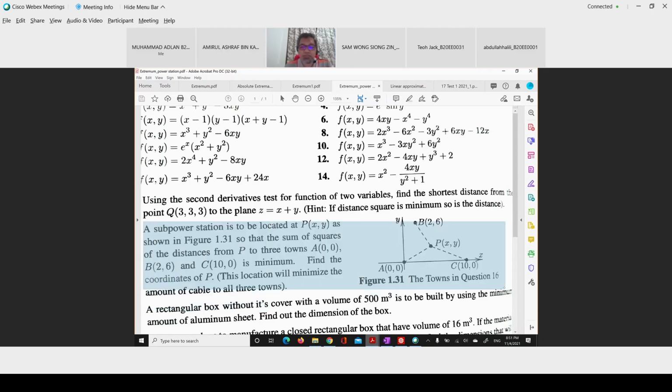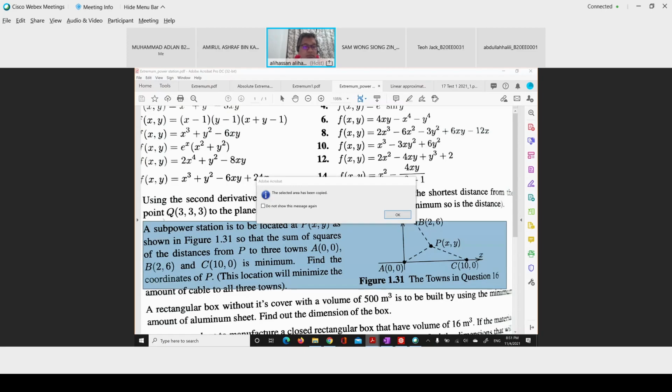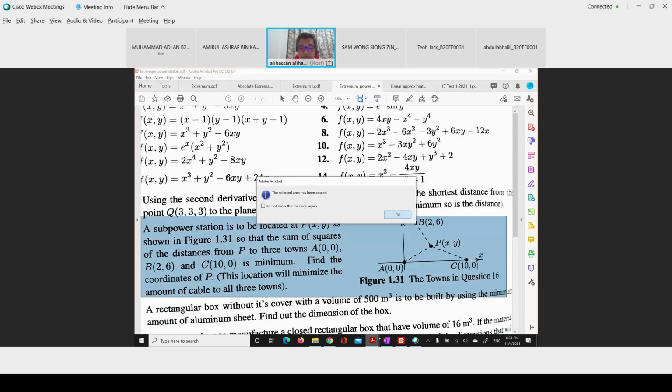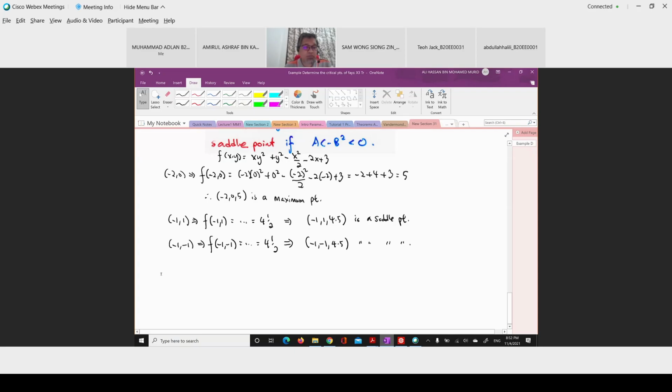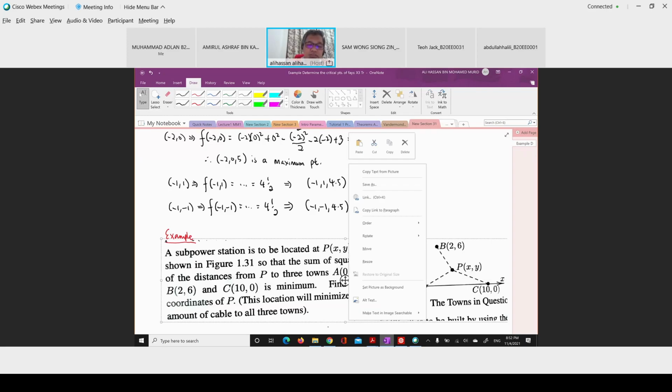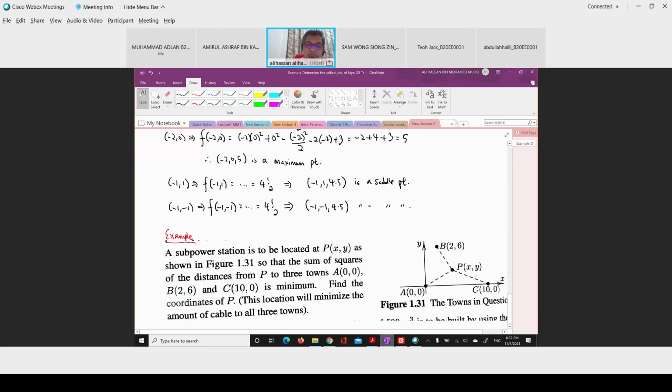Let me copy this. Okay, let's take this as our next example related to electricity, and see how the idea that we have discussed can be used to solve this power station problem.